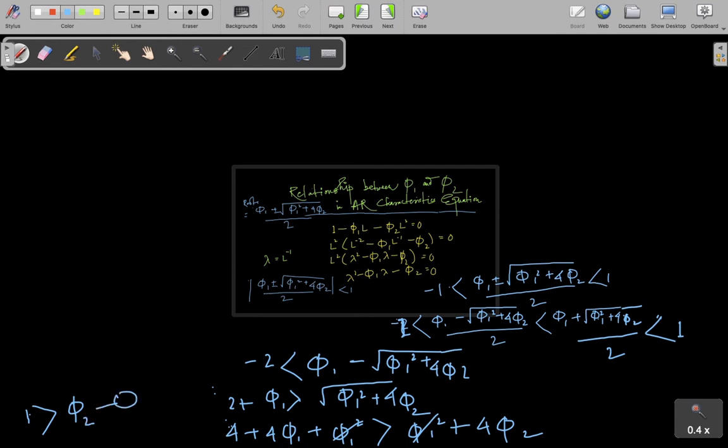So that's one condition that you derive for the relationship between phi 1 and phi 2 for the AR2 model, okay? So let's write down equation 1.